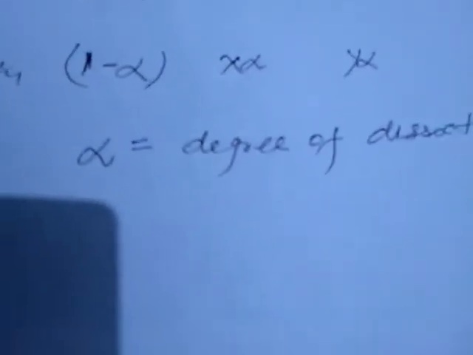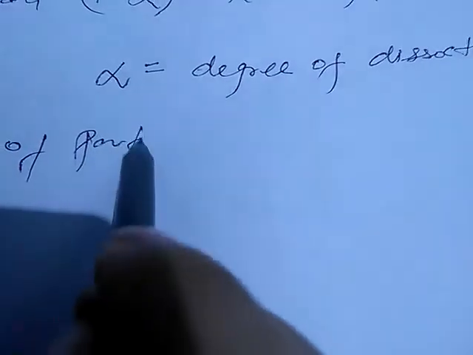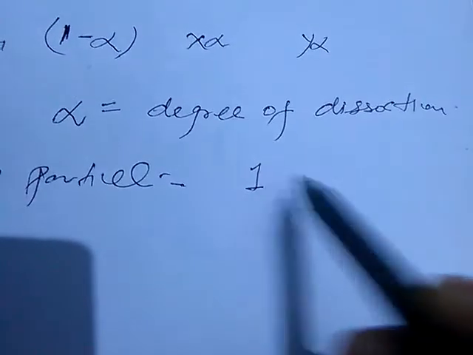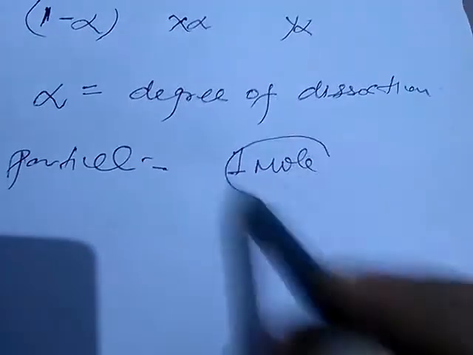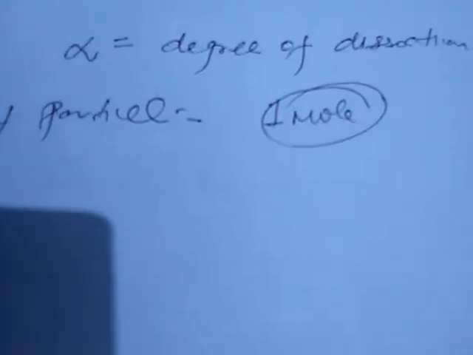So the number of solute particles initially was 1 mole of AXBY. But after dissociation, it would become 1 minus alpha plus x into alpha plus y into alpha.